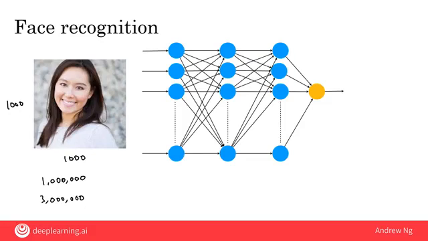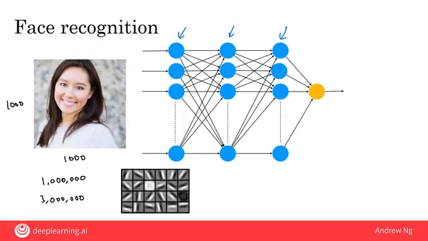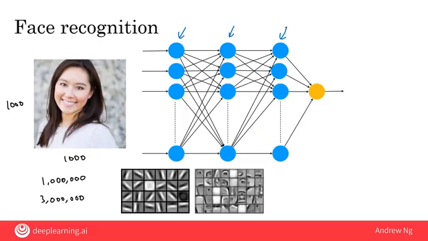Similar to before, you will have many of these artificial neurons computing various values. And it's not your job to figure out what these neurons should compute. The neural network will figure it out by itself. But typically, when you give it an image, the neurons in the earlier parts of the neural network will learn to detect edges in pictures, and then a little bit later, it'll learn to detect parts of objects.